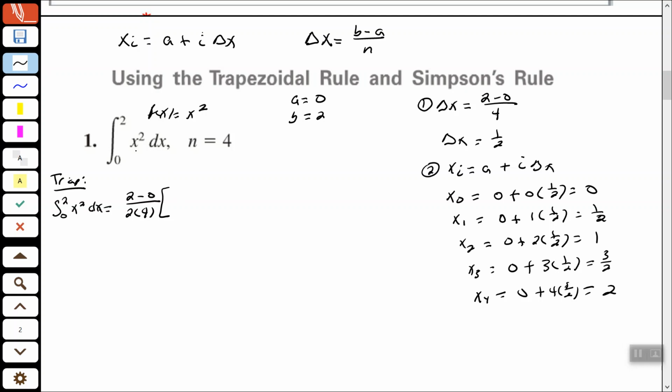Let's go ahead and set it up. x sub 0 is 0, so f of 0, plus 2 times f of 1/2, plus 2 times f of 1, plus 2 times f of 3/2, plus f of 2.